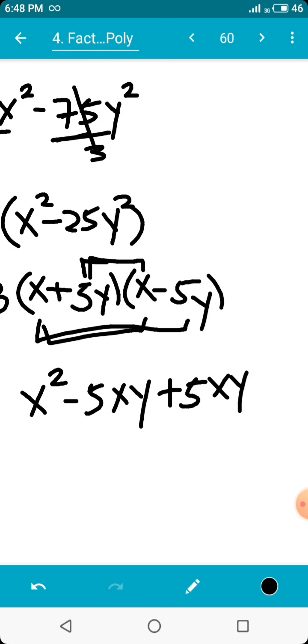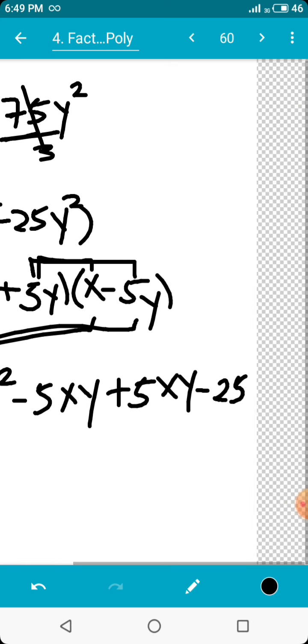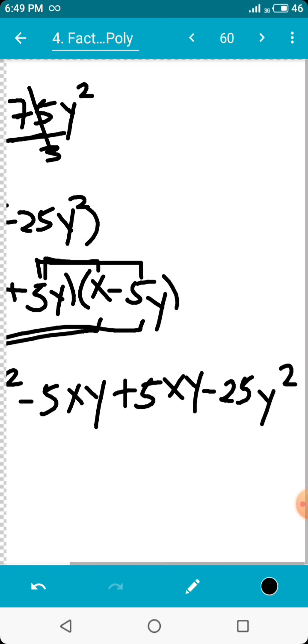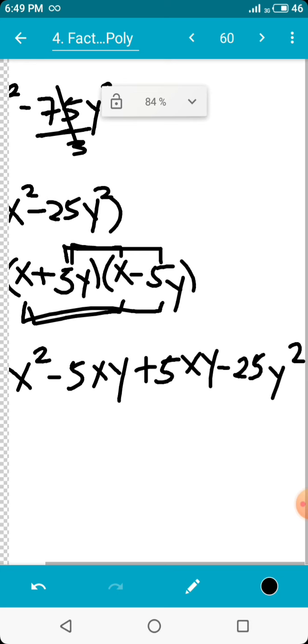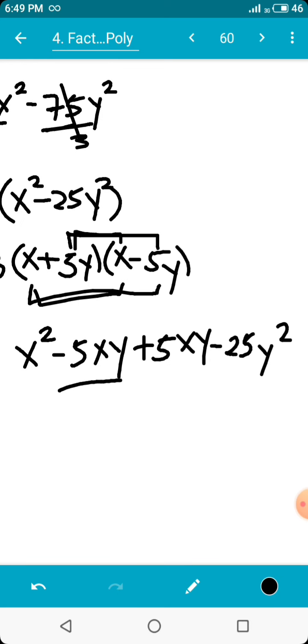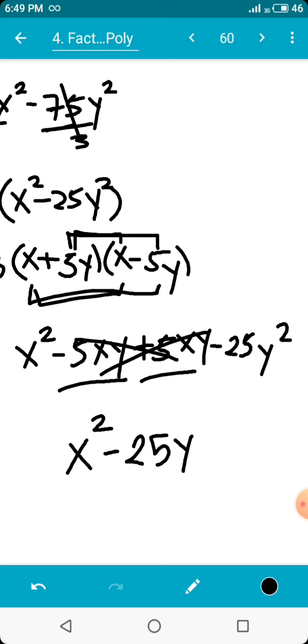And then 5y times negative 5y, that is negative 25y squared. So, simplify natin by combining like terms. Negative 5xy at positive 5xy, when you combine that, that is 0. So, cancel na lang natin. Ang meron na lang tayo ay x squared minus 25y squared.